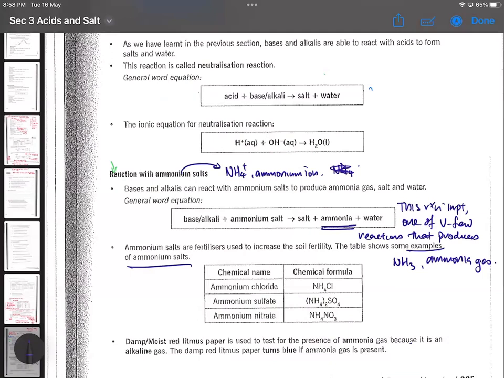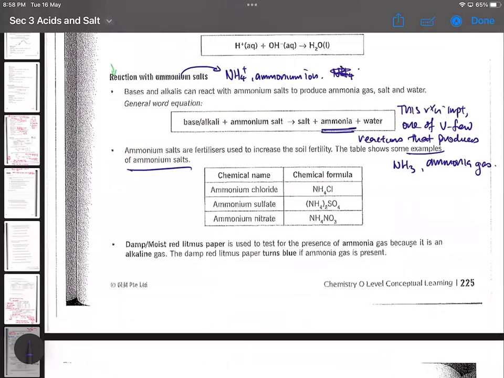Okay, how do we test for ammonia gas? Ammonia gas here is, you notice this word here, alkaline gas. Again, the difference between alkali and alkaline. Alkali is the noun. Alkaline is the adjective. Please do not use the wrong one, because I always get things like, the alkaline form is sodium hydroxide.